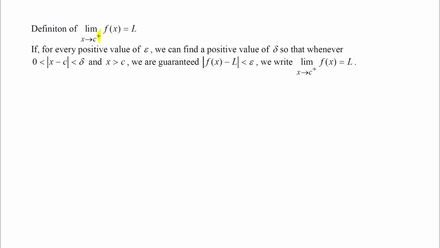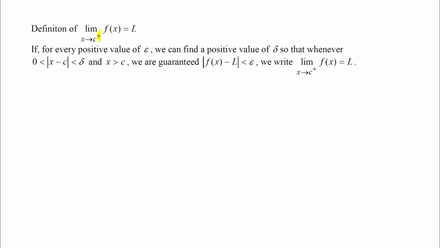If we look at this definition, it says for every positive value of epsilon, we can find a positive value of delta, so that whenever the absolute value of x minus c is between 0 and delta, and x is greater than c, we're guaranteed that the absolute value of f of x minus L is less than epsilon.